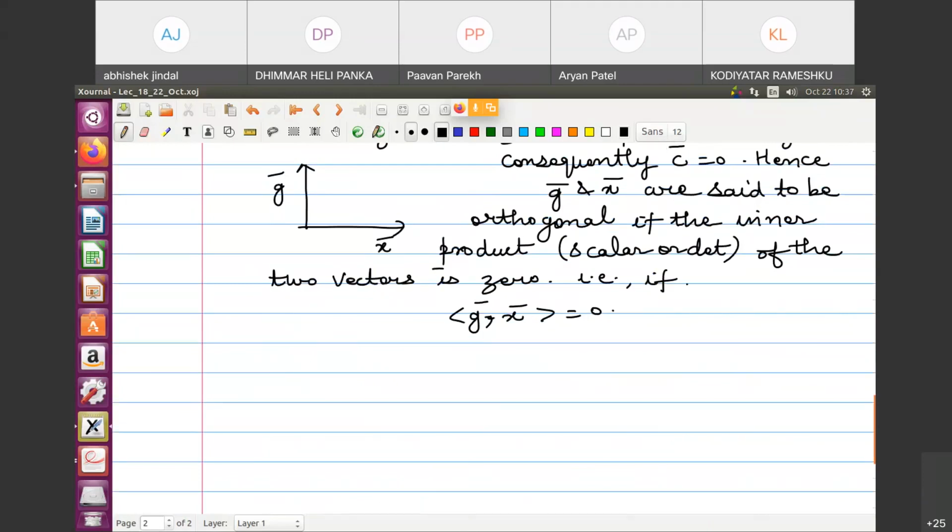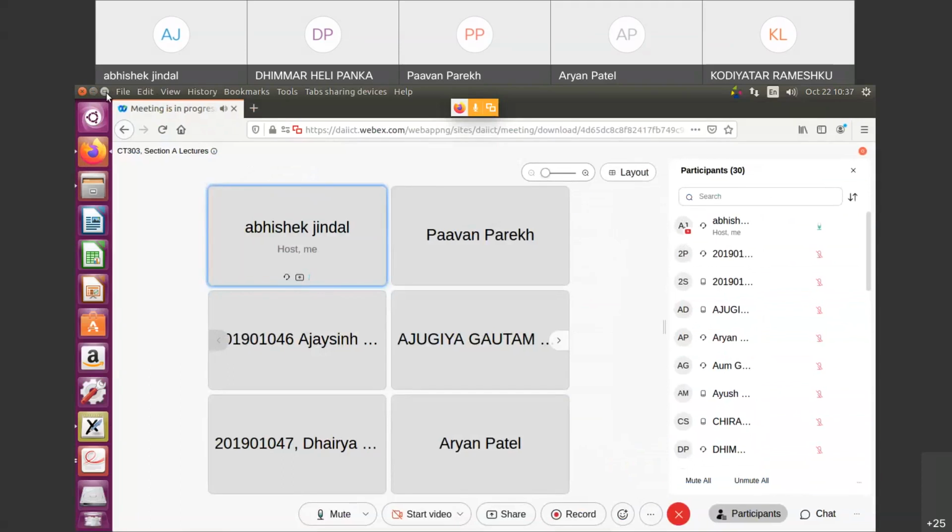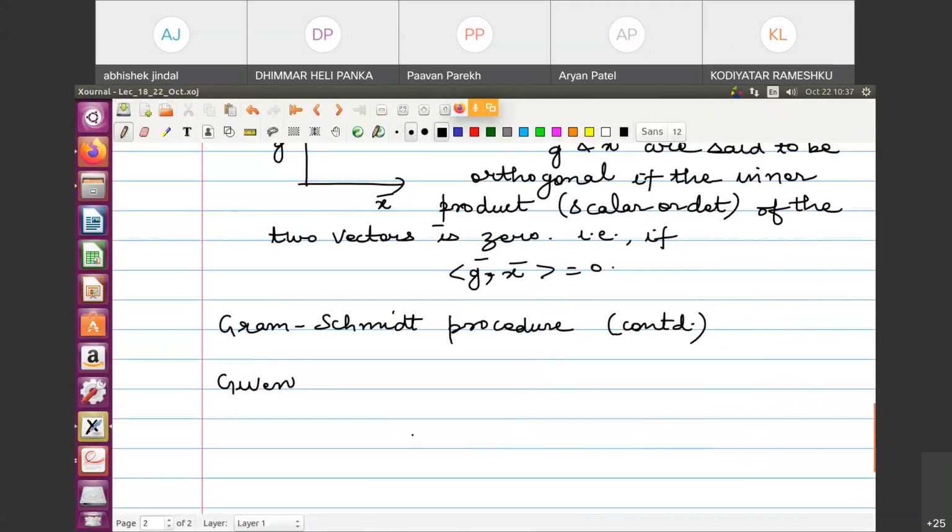Now we will start with the Gram-Schmidt procedure. Given m energy signals.